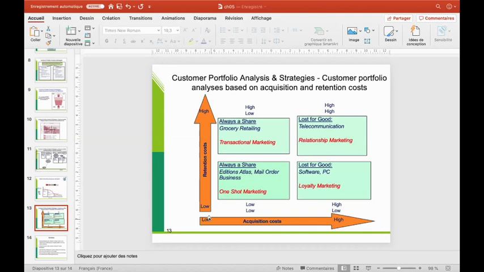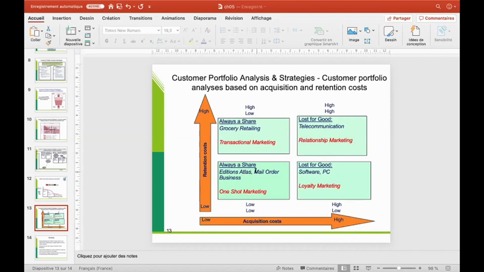Because if the acquisition costs are low, then it's easy to win new customers when you lose them. So why should you invest a lot of money and resources in customers who have low costs to win them back? The example of Altaya Editions Atlas, it's a French firm, or also in the mail order business.